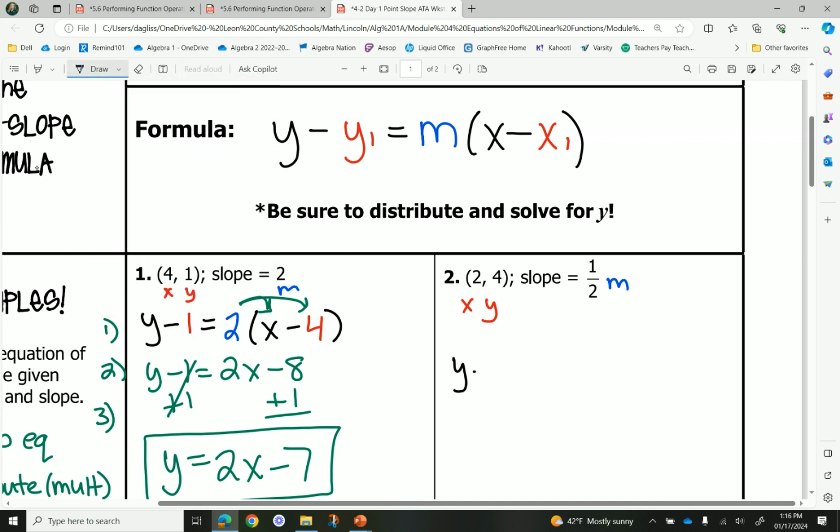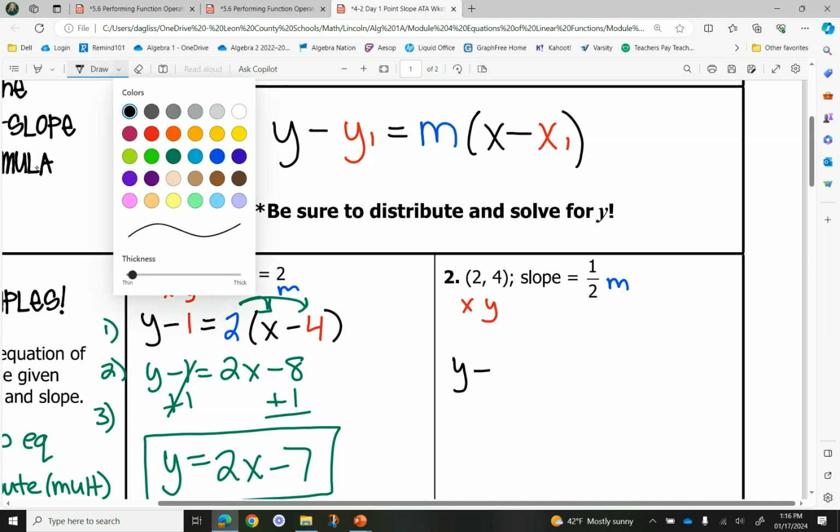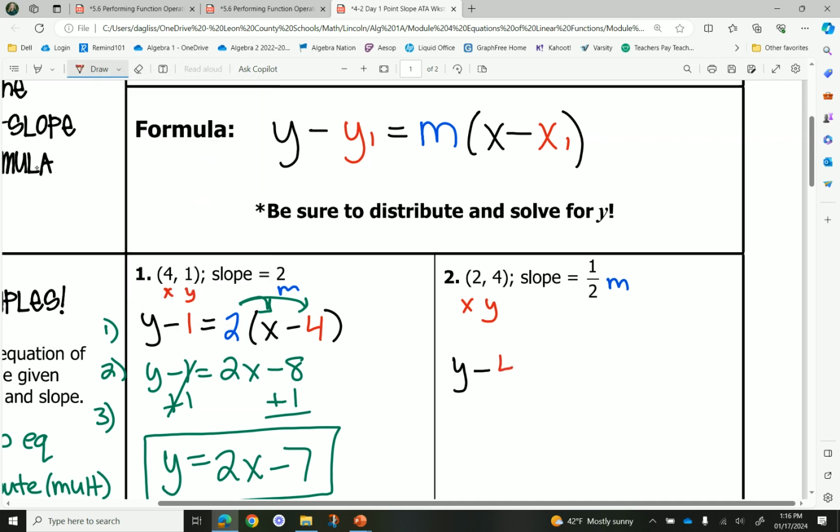Okay. So here we go. We're going to have y minus, what's first? 4. So look, the y's stay together and the x's stay together. So y minus the y point, x minus the x point.